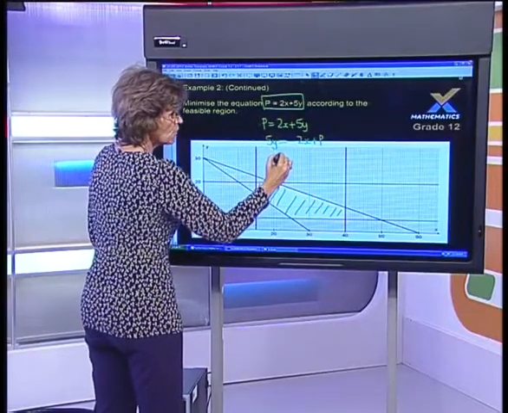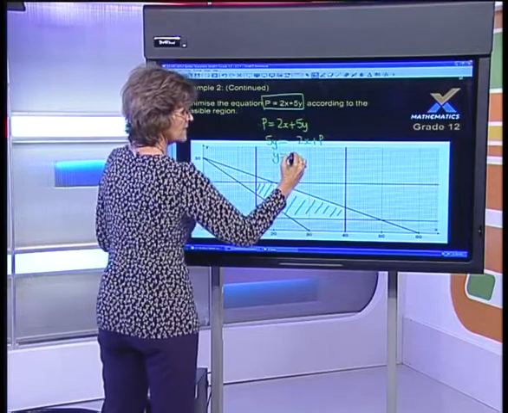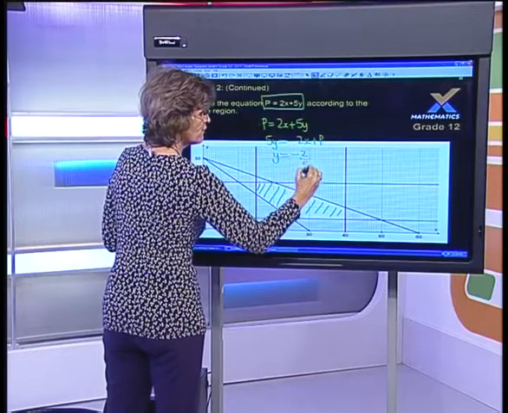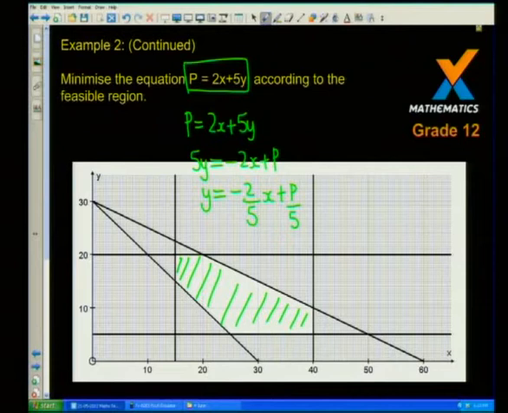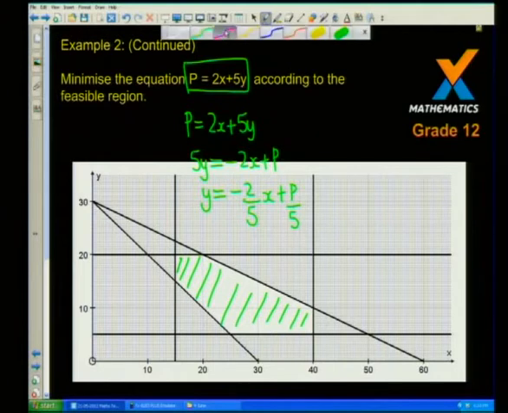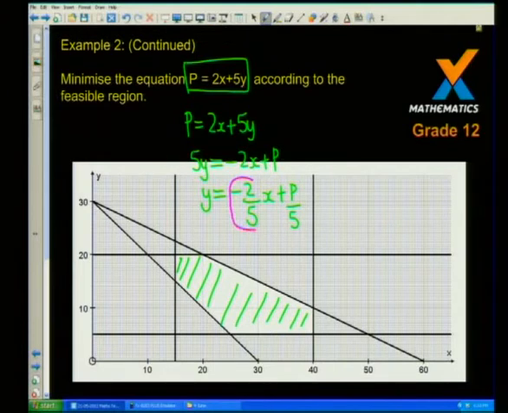Getting that into the y form tells me that I'm going to get y equals negative 2 over 5 x plus P over 5. Now guys, this is called the search line method. What we do is we focus on that thing there. Notice that what you have here is a whole family of lines with a gradient of minus 2/5.